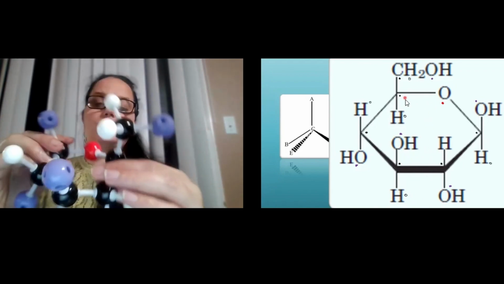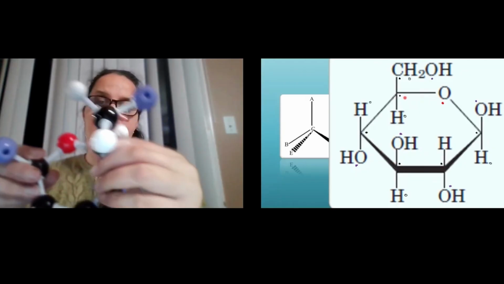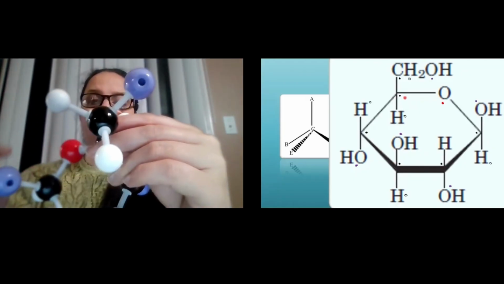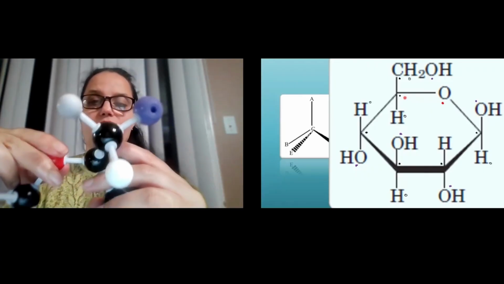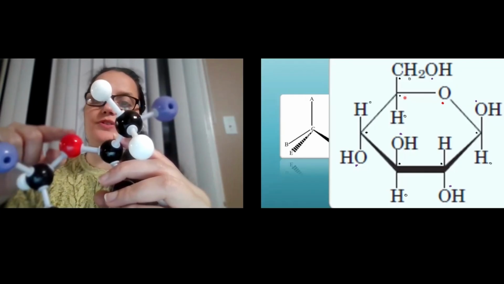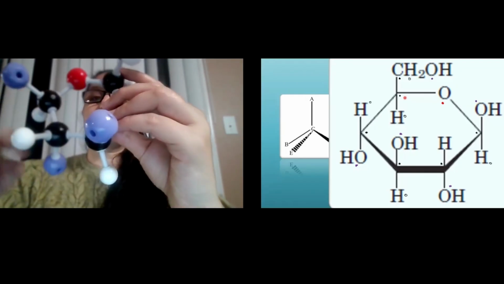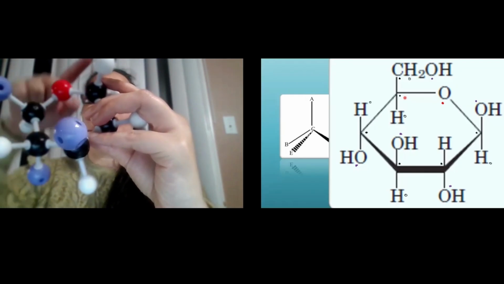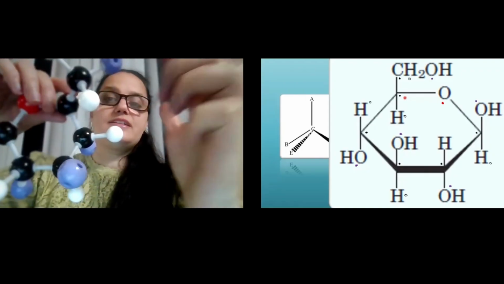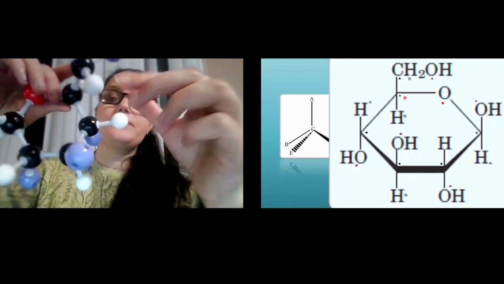So let me first introduce you to these characters. This is the oxygen over here, represented by this red ball. All the black balls represent the carbons, so 1, 2, 3, 4, 5 and 6th carbon over here.